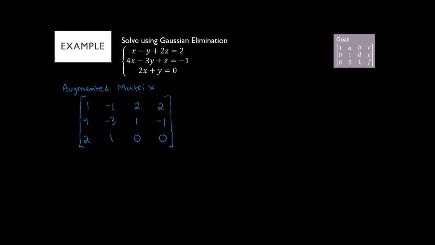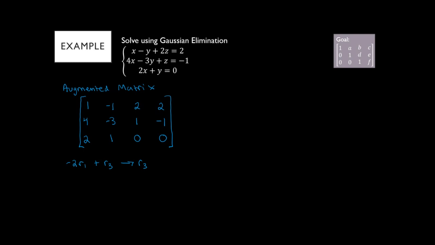So we need to make a 0 instead of the 2 on that bottom row for that first entry. So I can do that by multiplying the first row by -2, adding it to row 3, and then I can replace row 3 with that result.